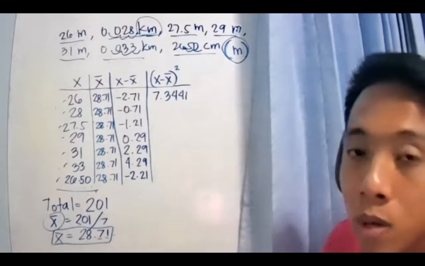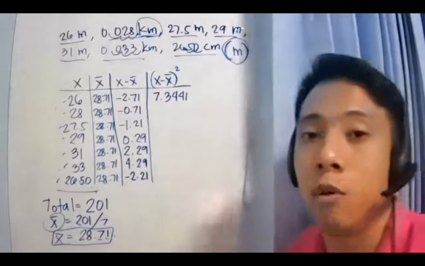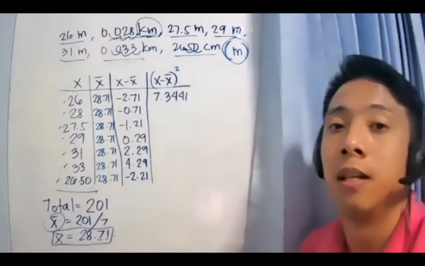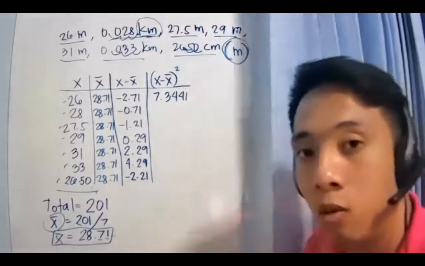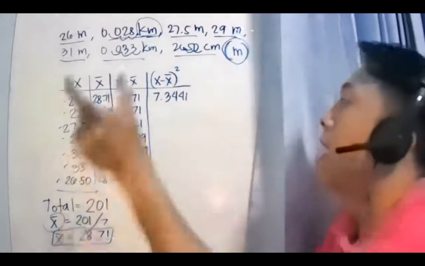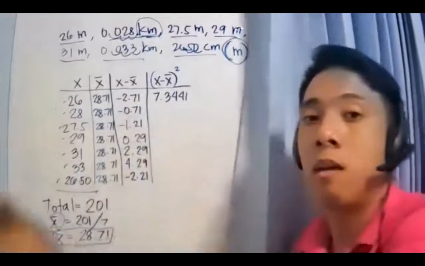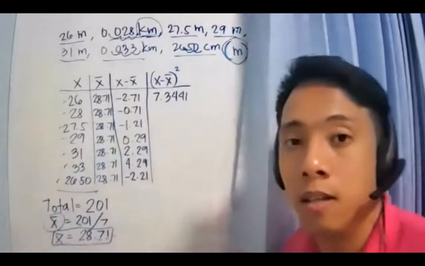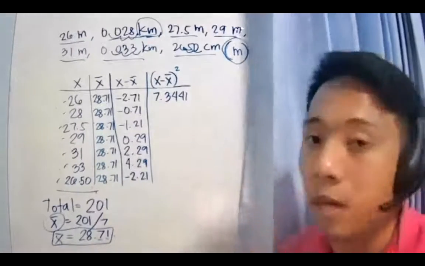Again, we will stick on the numbers brought out by the calculator. Kung ano yung lumabas doon sa ating calculator na numbers, yun din natin ilalagay dito. So, copy and paste lang tayo. We will not round it off in 2 decimal places.